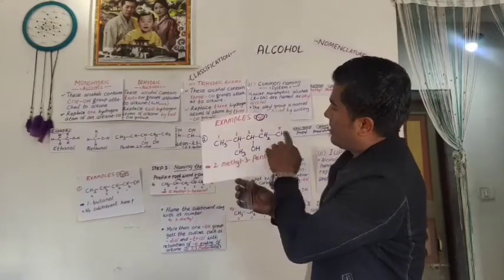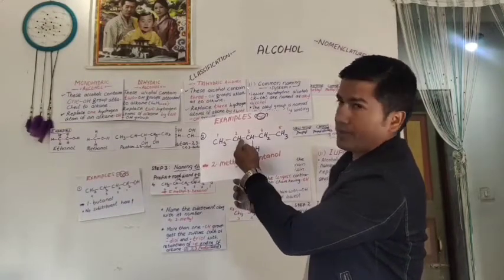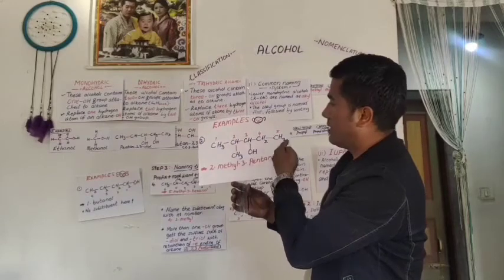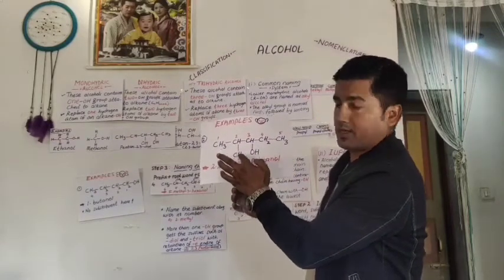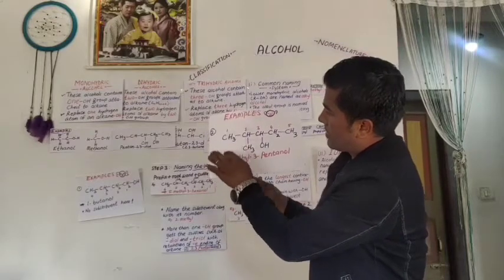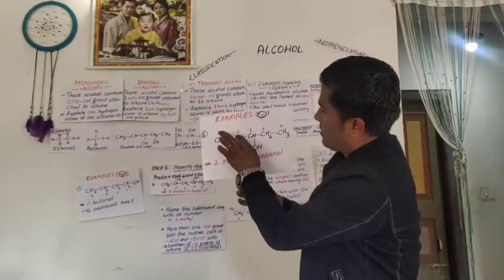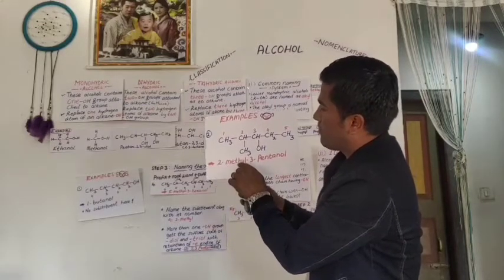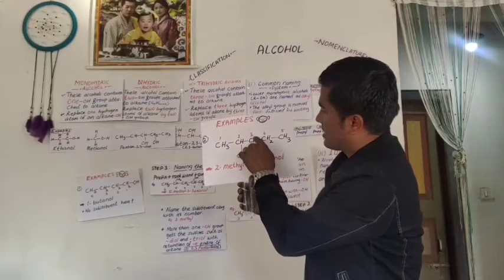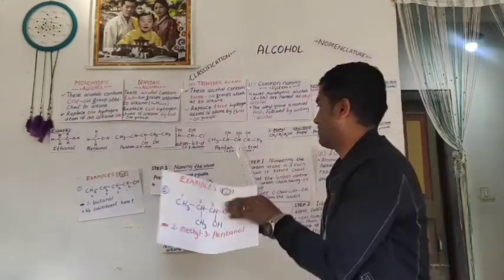We can number from either side, because OH is on the 3rd carbon from both sides, so it gets the lowest number. The prefix is 2-methyl, because the substituent is on the second carbon, then the root word: 2-methyl-3-pentanol. So this is the second example.